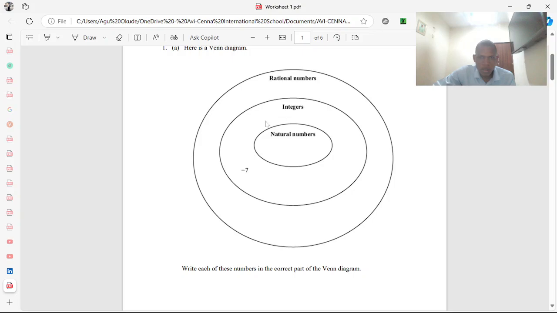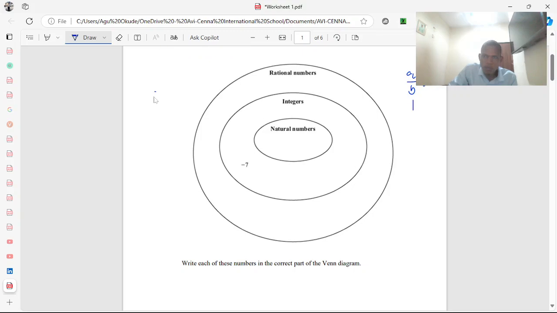Now, don't forget, what are rational numbers? Rational numbers are numbers that can be expressed as a fraction, like a over b, where b is not equal to 0.